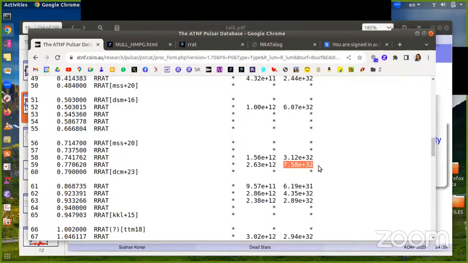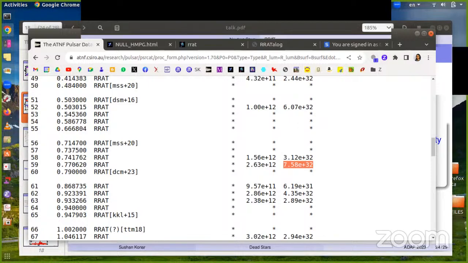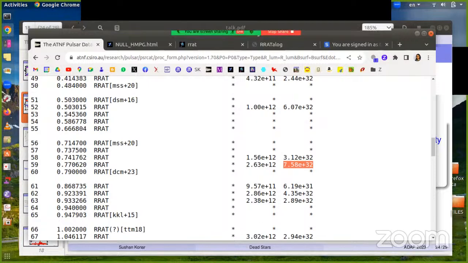Okay, so let us say that for all these RLATs for which we do not know the magnetic field, let us equate their DDT to this value. Then you will get a magnetic field value for them, and that will be the upper limit for the magnetic field. Okay, so now again let's go back to that picture.